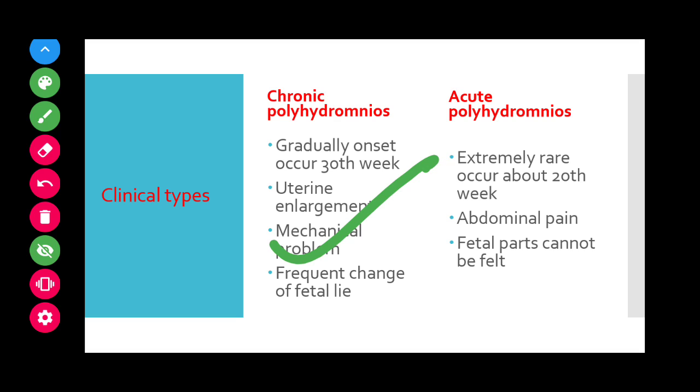There will be uterine enlargement. The abdominal girth and fundal height are far beyond what is expected for gestational age. Imagine the fundus should be at the umbilicus at the 24th week, but if at the 16th or 20th week the fundus is growing above the umbilicus, that means the gestational age is less than the abdominal fundal enlargement.